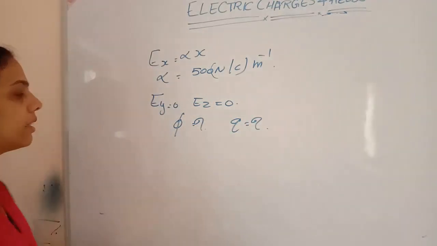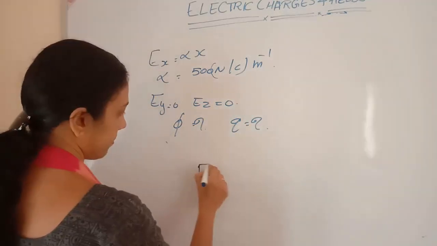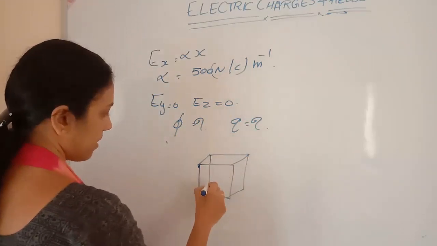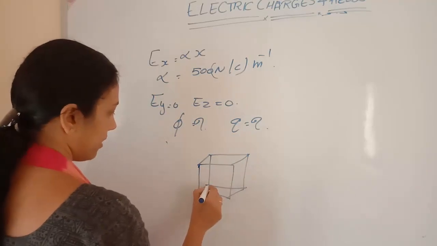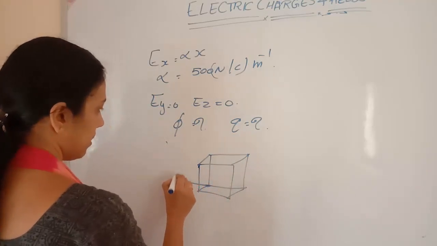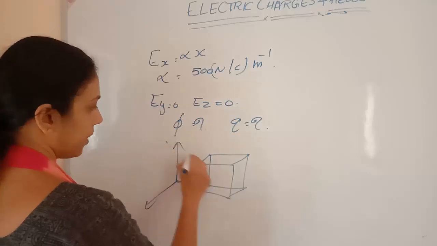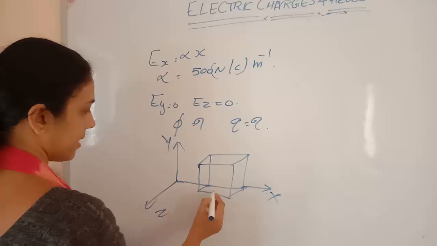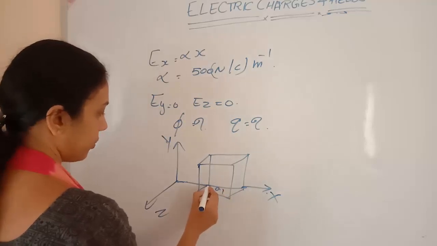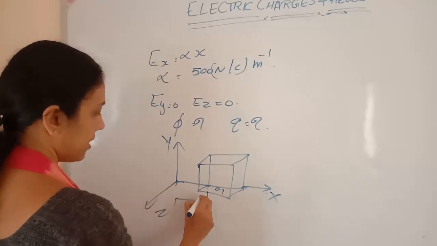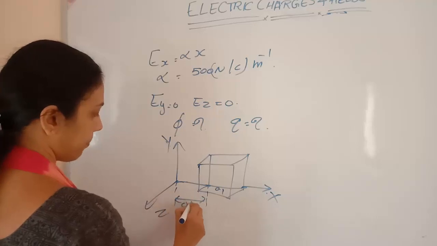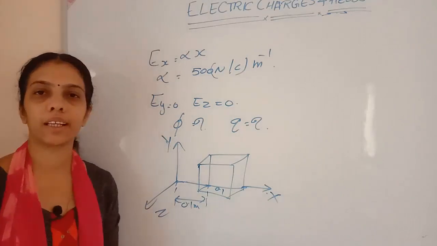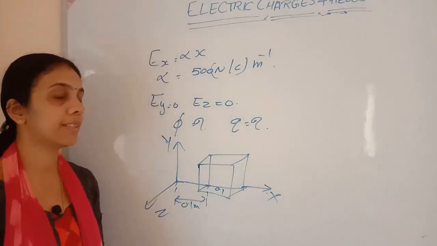Here the diagram is a cube with x, y, z axes. Each side is 0.1 meter. This is the question given in the check your concept questions.